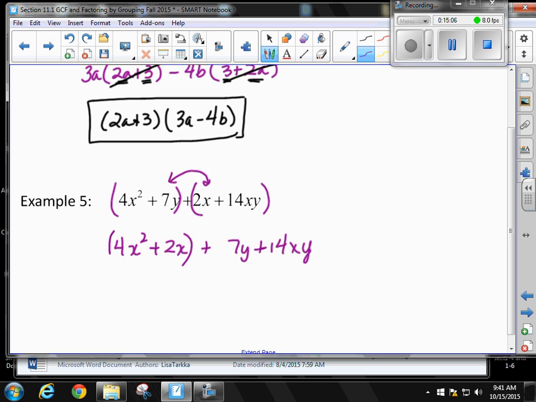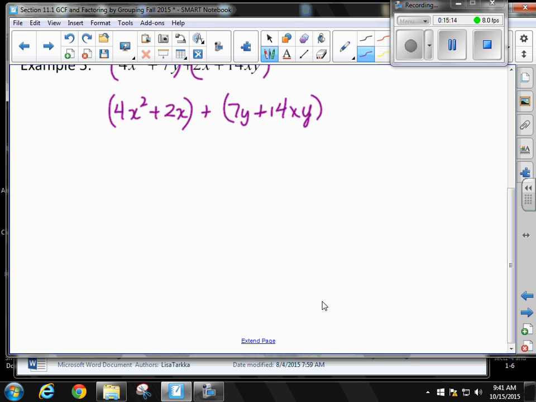And now if I look at the first two terms and the last two terms, now they have common factors. Factoring out common factor here, 4 is 2 times 2, and x squared is x times x, plus 2x, 2 times x.